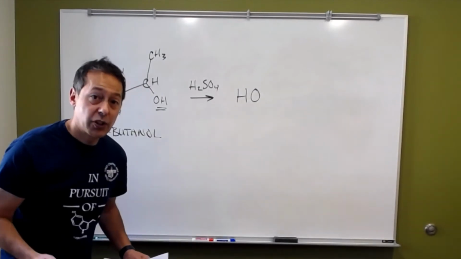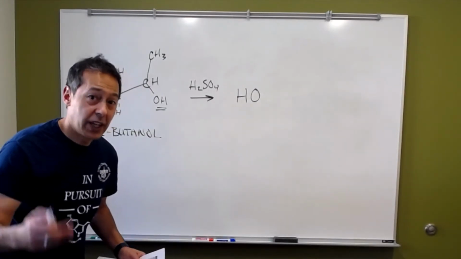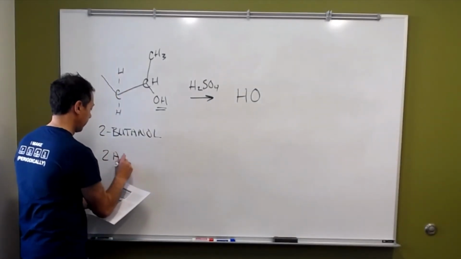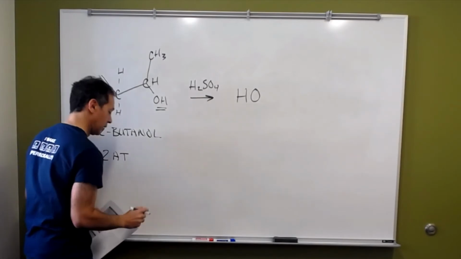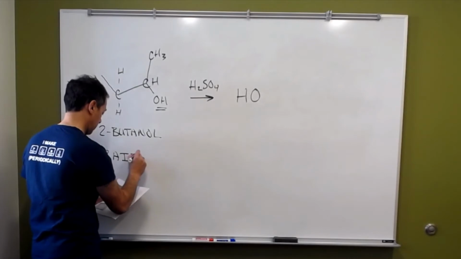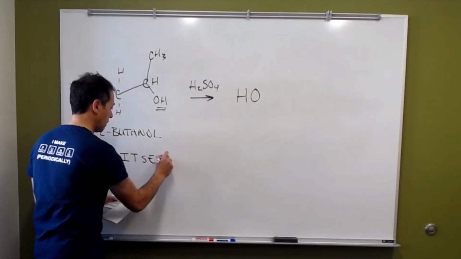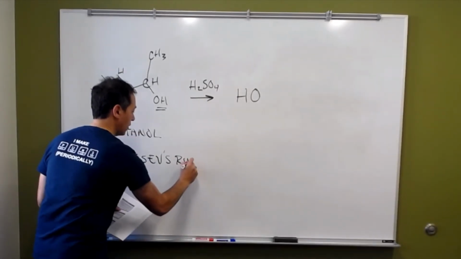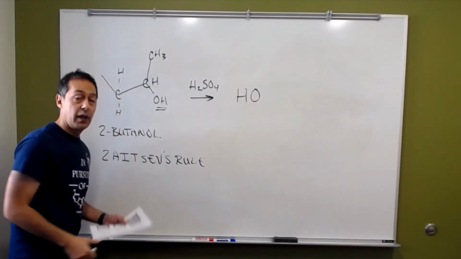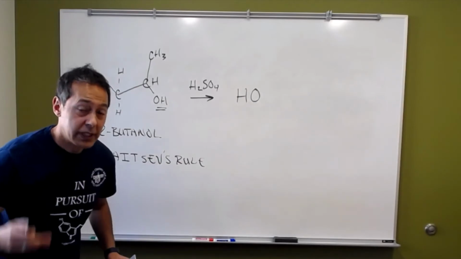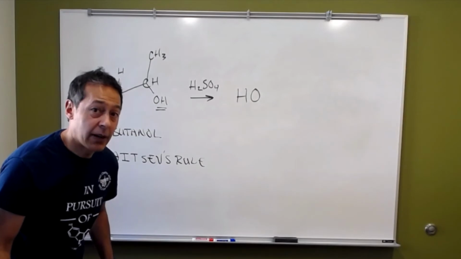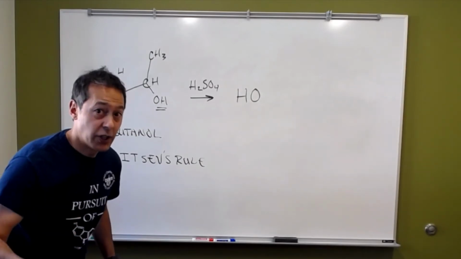Now, to predict this, we have a rule. This one's called Zaitsev's rule. Zaitsev's rule tells us that the hydrogen we're going to remove comes from the carbon atom that has the fewer hydrogen atoms.